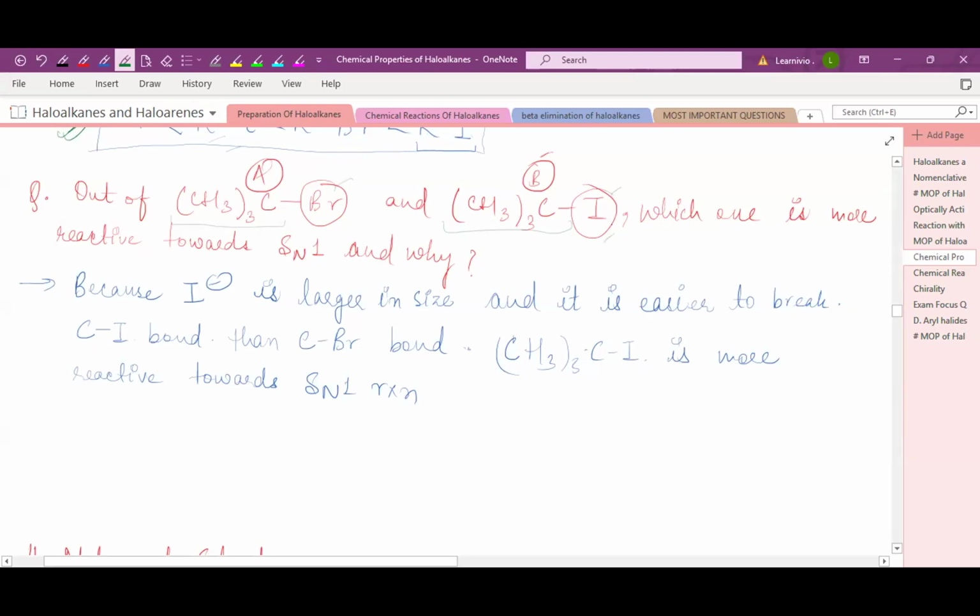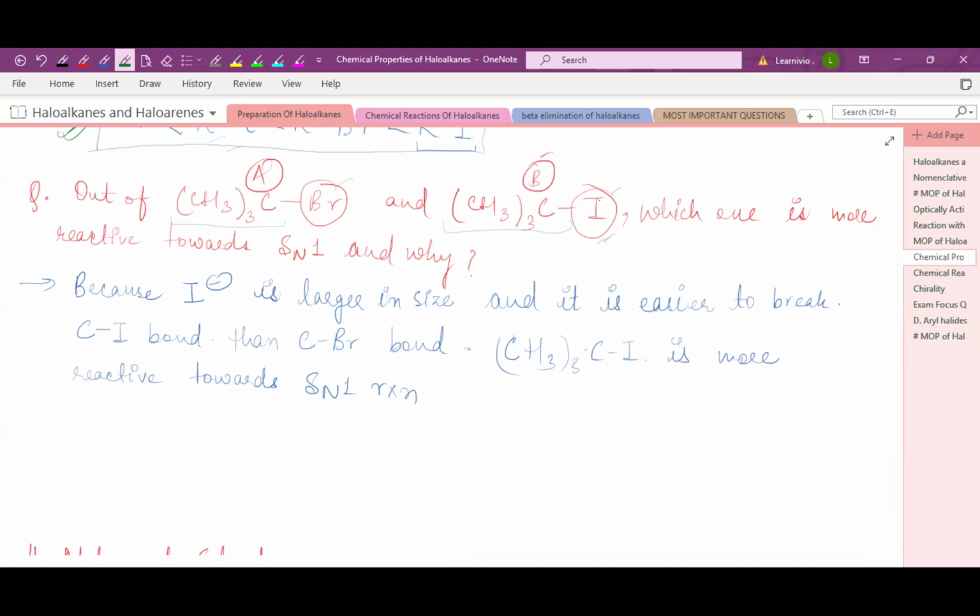You can see iodine is attached here, which means iodine has a larger size. Due to the larger size, it is very easy to break the C-I bond, because there will be less force of attraction between the carbon and iodine. The less the force of attraction between this carbon and iodine, the easier the cleavage or breaking of the bond.